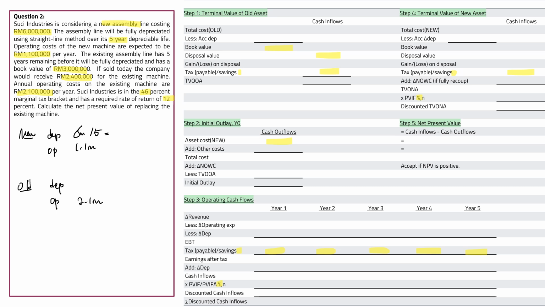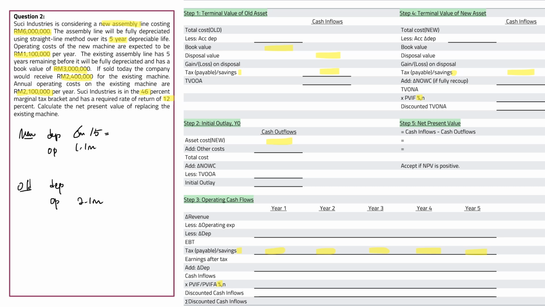But we can tell that this question wants us to identify the change in operating expense and change in depreciation. Now this can be a little bit confusing, but as I told you previously, just think of it in terms of profit or loss. If it is a good thing, if costs will decrease, then you put a plus.